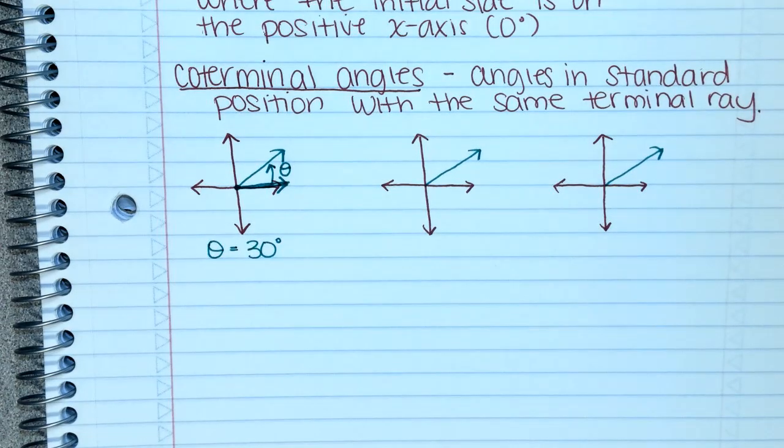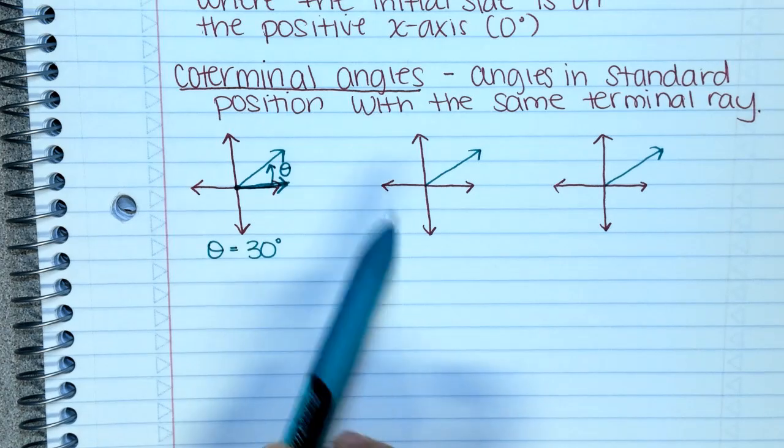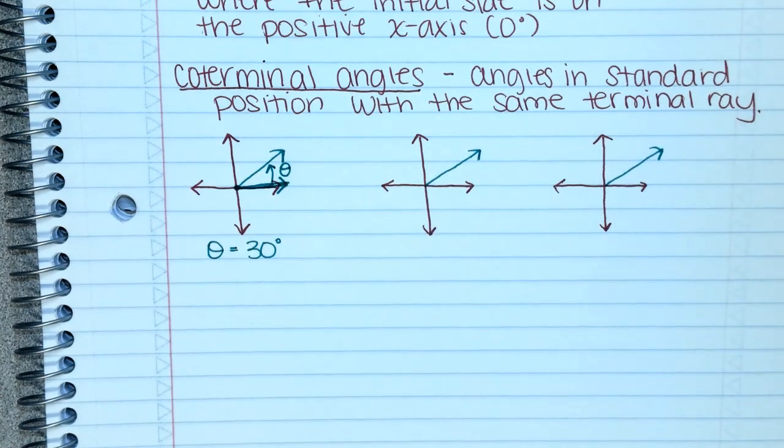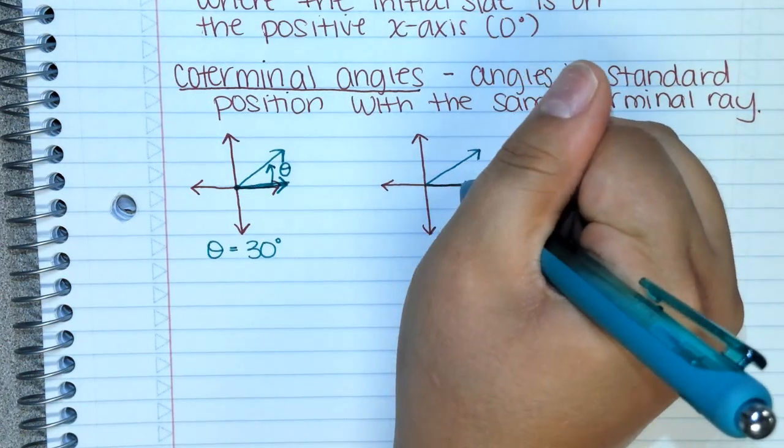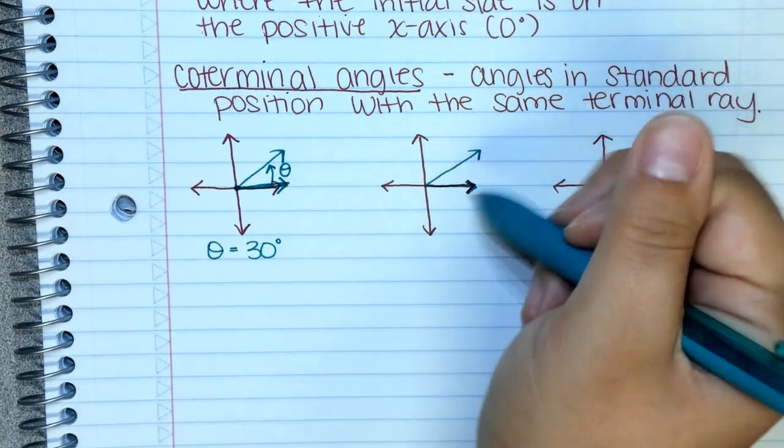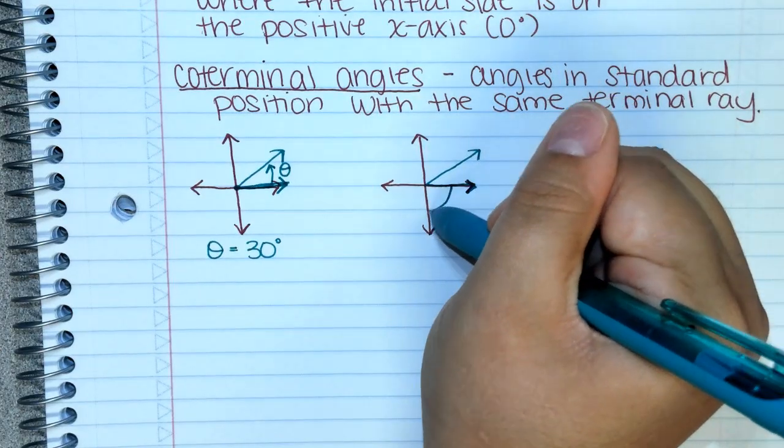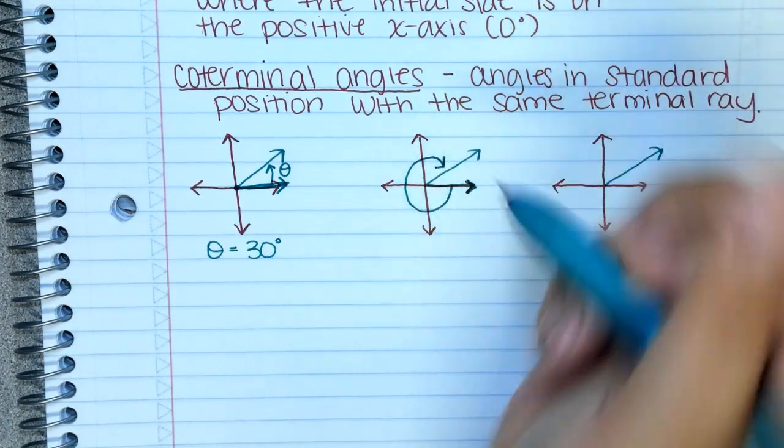Okay. Is this angle right here 30 degrees? Could be, right? But we don't know. What if I say this angle right here, my initial side started here, and it opened up this way.